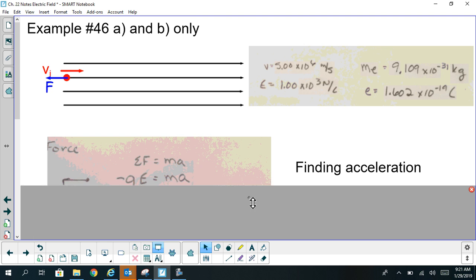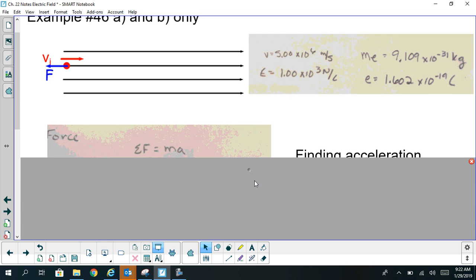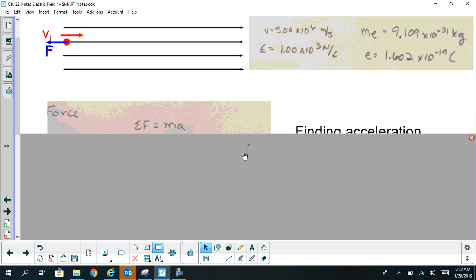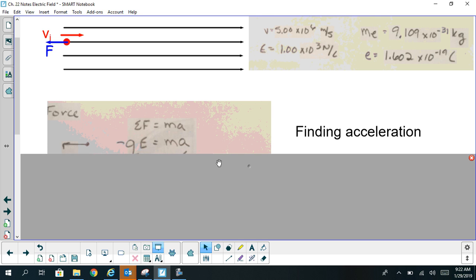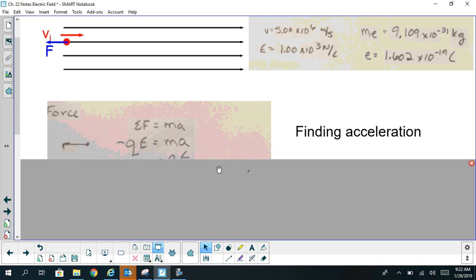All right, so we got our force diagram, and we're going to set F equal to ma, and we know our force is going to be in the negative direction, and from our previous discussion, we know it's going to be equal to the charge on the electron multiplied by the electric field. Now notice I've got a negative in front of that, noting that the force is to the left. So once we solve that out, go ahead and pause the video right now, and I'd like you to solve for your acceleration, get a value for your acceleration.